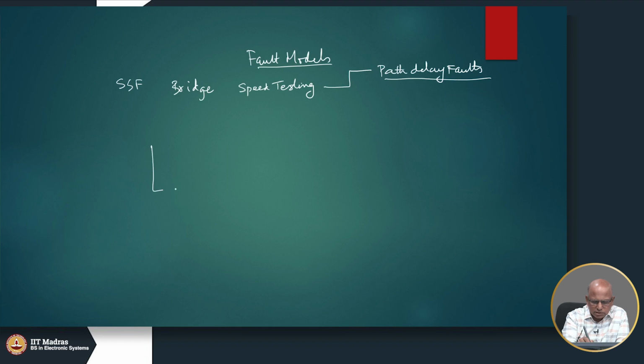So, we have a sequential circuit. It has many state inputs. This is the next state and this is the previous state, primary inputs, primary outputs.